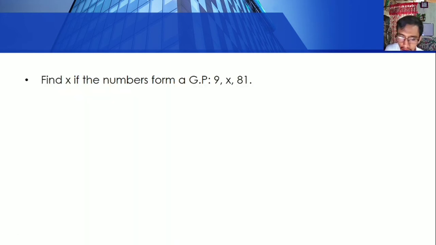Another example, find x if the numbers form geometric progression. So, x over 9, x, 81. So, first term natin is A1, second term, A2, third term is A3. So, sabi natin, common ratio is equal to A2 over A1 is equal to A3 over A2. So, let's substitute.